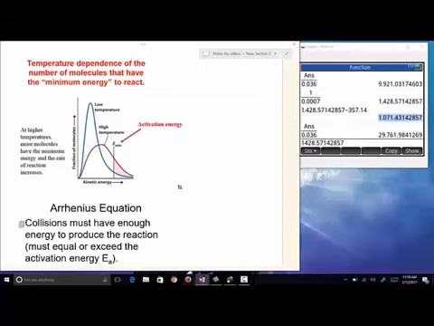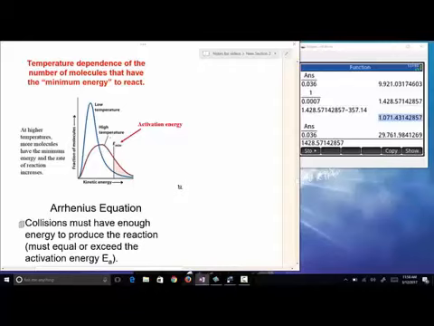One thing also to note is that this is a plot of the fraction of molecules that, if they collided, would result in a reaction going forward. Look at the distribution of the kinetic energies at low temperature versus a high temperature.